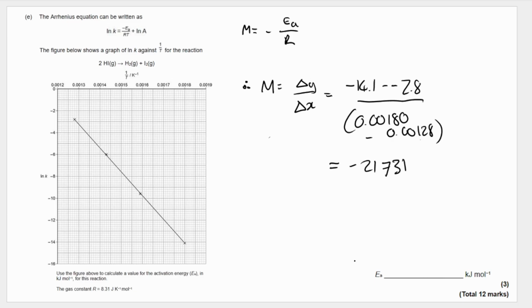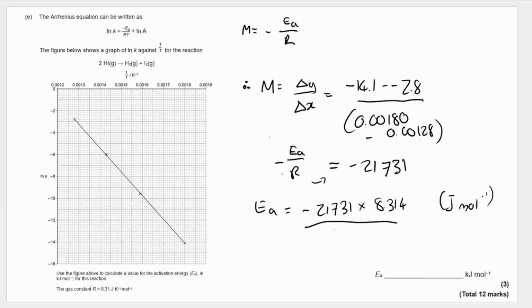21,731. Now, that is equal to minus EA over R, and therefore we need to times by the gas constant. So we can say that EA equals minus 21731 times 8.314, and then we know that that value will be in joules per mole, so we then need to take that all over 1,000, and that will give us a final value of 181 kilojoules per mole.